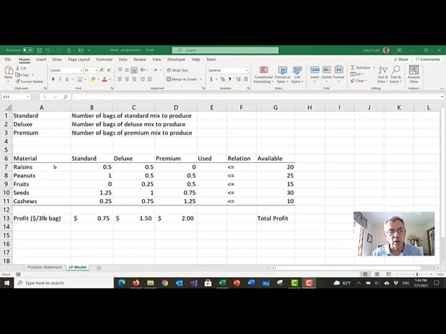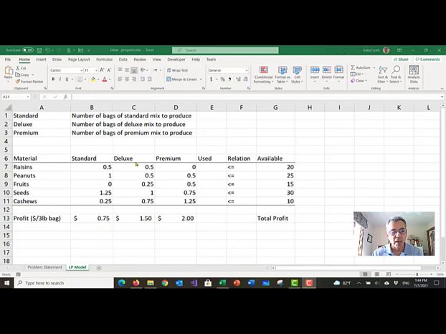Now we will form our constraint coefficients and coefficients for the objective function. Here are my variables, standard, deluxe, and premium, and these are my resources, or we call them materials: raisins, peanuts, fruit, seed, and cashews. As you recall, a bag of standard mix uses 0.5 pounds of raisins, 1 pound of peanuts, no fruits, 1 1/4 pound of seeds, and 1/4 pound of cashews, and the contribution to profit from standard is 75 cents.